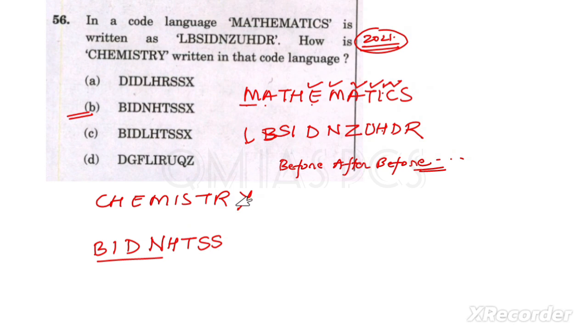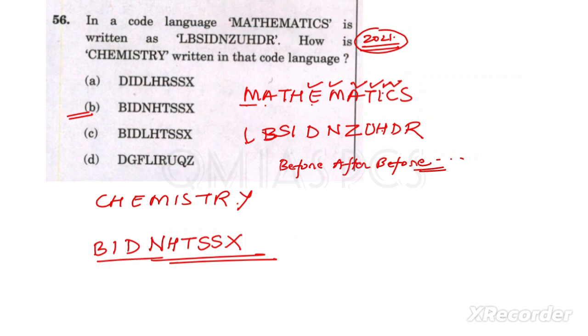Got it? Sometimes you have to write one to one so that you understand how the pattern is given, how the code is given. Understood? Fine.